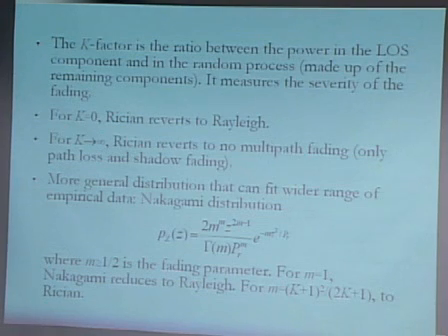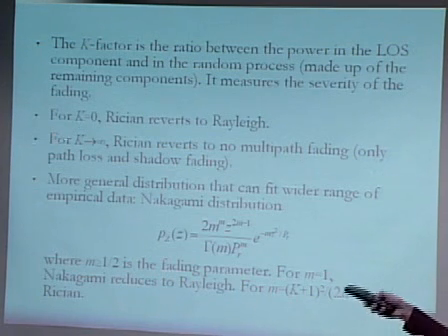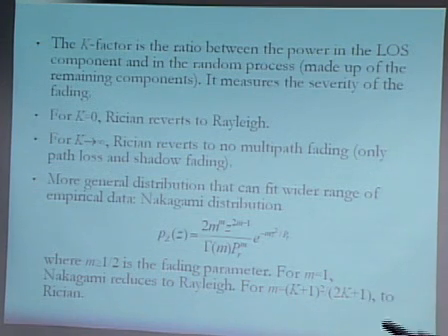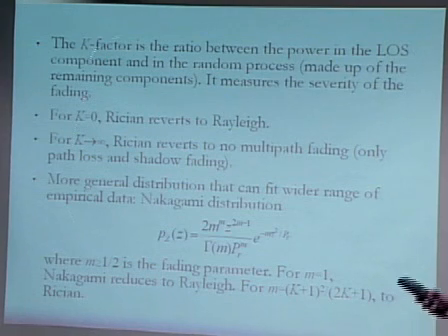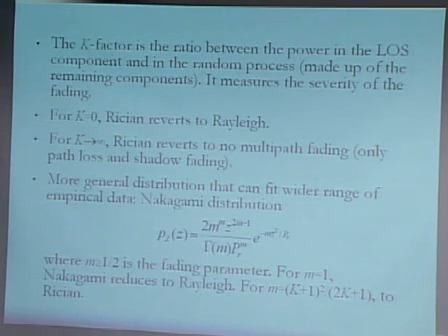So for k going to infinity, the Ricean reverts to a channel with no multipath fading. There is only path loss and shadowing. So these are extreme cases. And then for any k in between, it's going to be a different distribution. For large k is mild fading, and for small k is more severe fading. And for k equal to 0 is the most severe fading, which is Rayleigh fading.